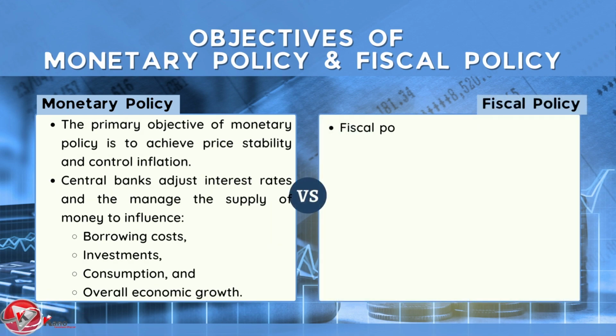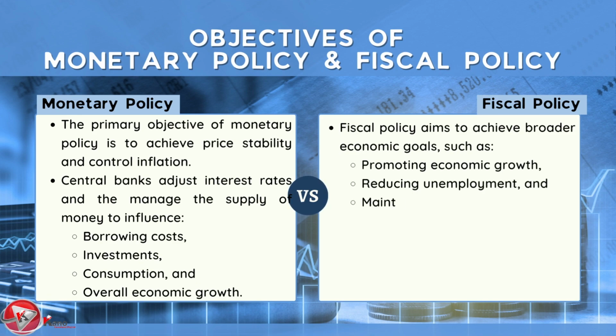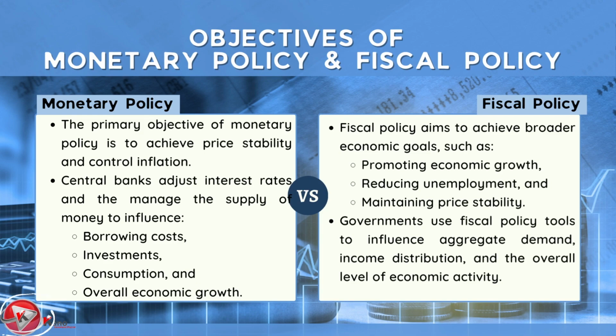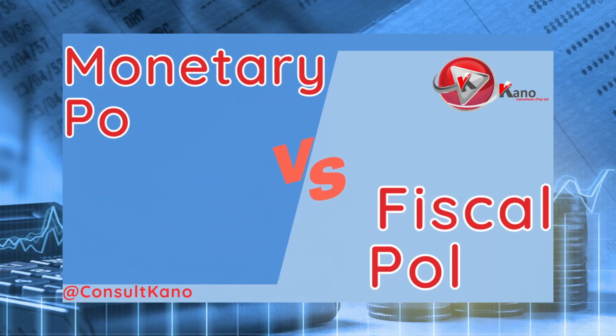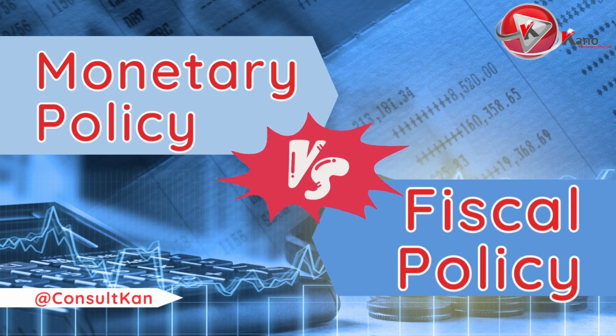Fiscal policy, on the other hand, aims to achieve broader economic goals, such as promoting economic growth, reducing unemployment, and maintaining price stability. Governments use fiscal policy tools to influence aggregate demand, income distribution, and the overall level of economic activity. Fiscal policy and monetary policy are often contrasted with each other. In the next section, we will look at how these two concepts differ.